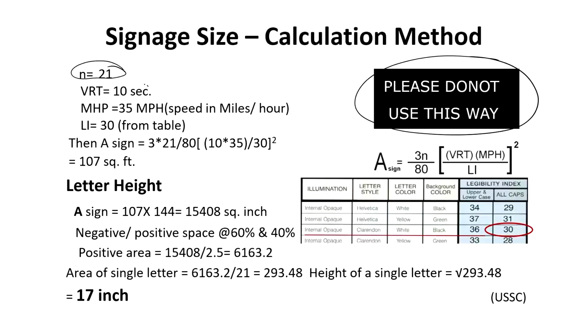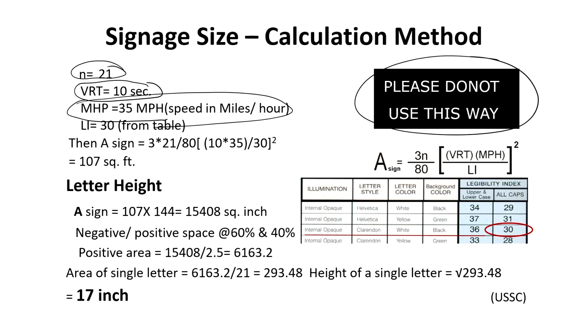That means when we have a sign, we read it, we understand it, we react to it, it takes around 10 seconds in this entire process. So, we take 10 seconds for this. Then the speed, on a medium size traffic road, we are considering as 35 miles per hour.